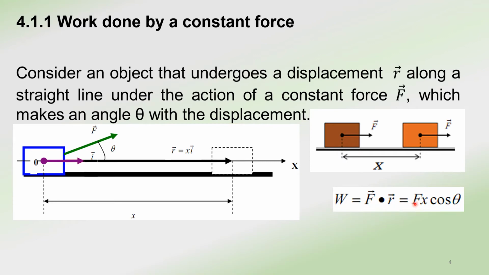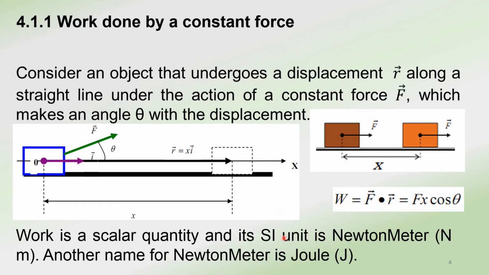From this formula comes the unit of the work done as the unit of force times the unit of distance, because cosine of any angle varies between 1 and -1. Then the unit of the work is Newton meter, and another unit of work is the joule, where one joule is equal to 1 Newton meter.